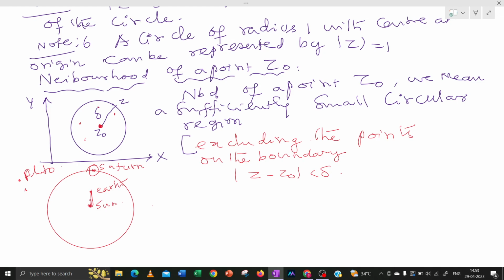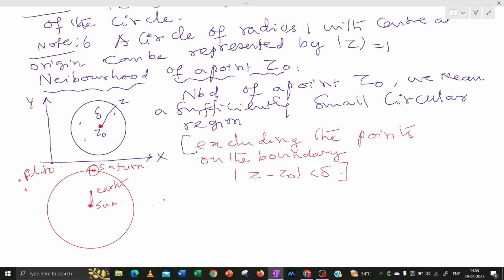So whatever you consider the neighborhood is based on the scale. Here scale is not the matter, whatever the size; it is based on this formula, mod z minus z naught less than delta.